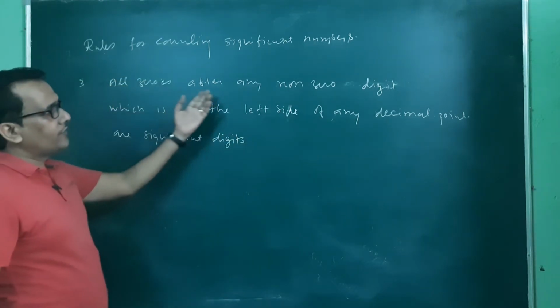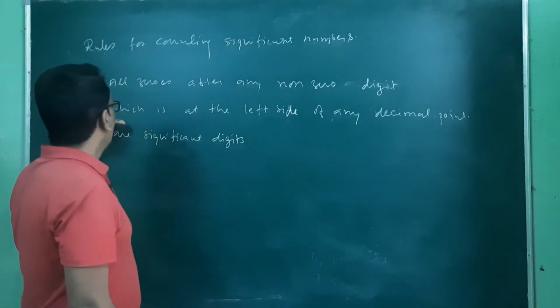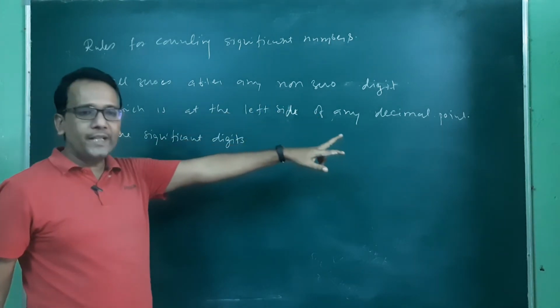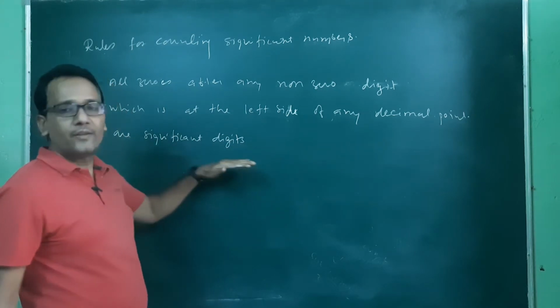So all zeros after any non-zero digit which is at the left side of a decimal point, these are significant digits.